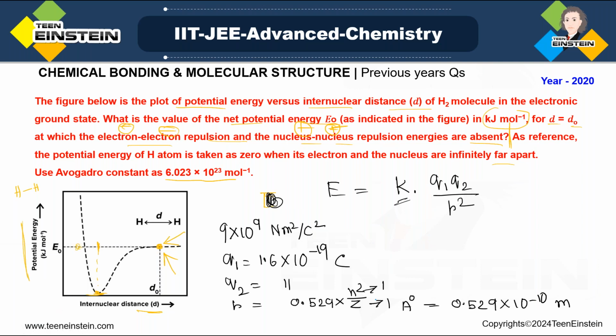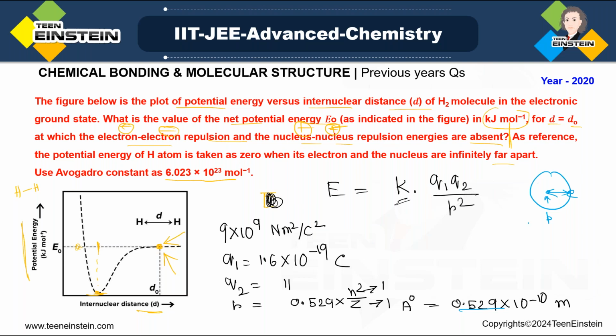So Q1, Q2. What we are trying to do is find the potential energy between, just take one hydrogen atom. This is the nucleus and this is somewhere the electron. So this distance is R, which is 0.529. This is the center, which is for the proton. When you consider potential energy between two particles, we use this formula, where R is the distance between any two charged particles.